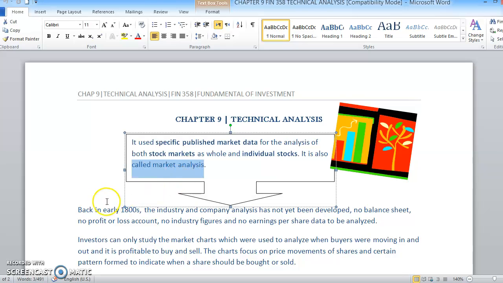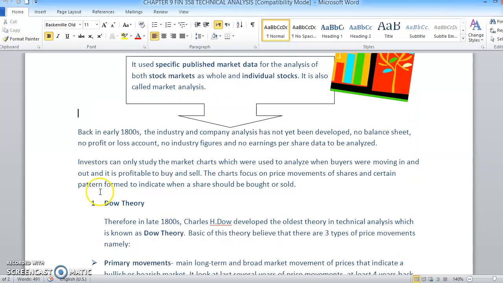Okay, so firstly, let's take a look at the historical part of the technical analysis. Back in the early 1800s, the industry and company analysis had not yet been developed. So there is no balance sheet, no profit or loss account, no industry figures, and no earnings per share data to be analyzed.